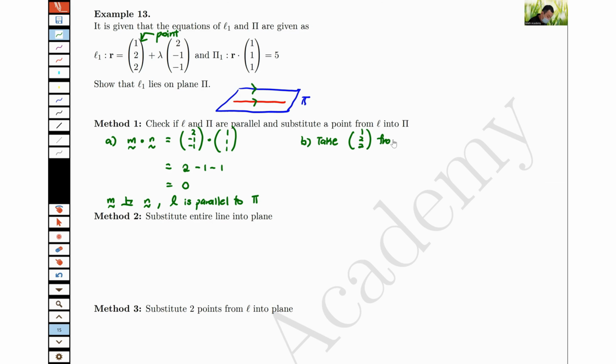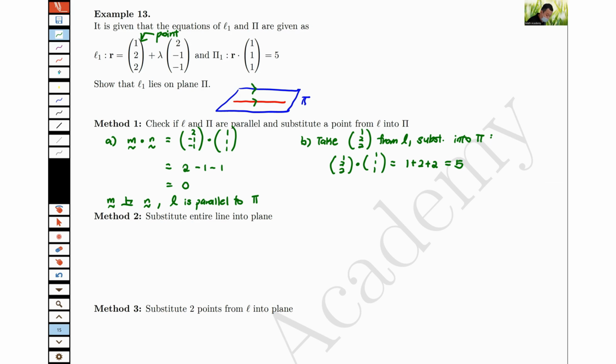I take this point from L and I substitute into pi. Which means I want to replace this R to be your 1, 2, 2. We work out the dot product, which will give me 5.